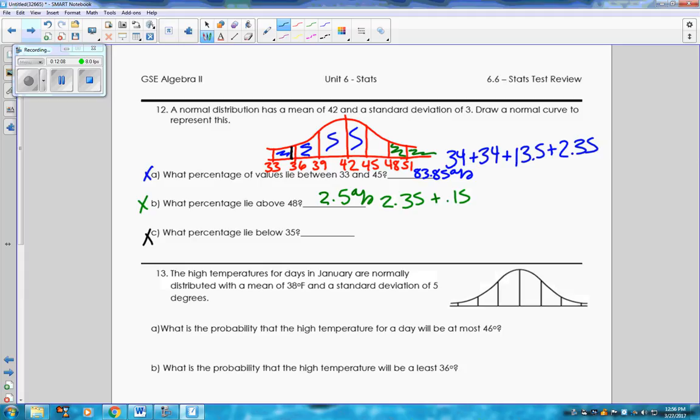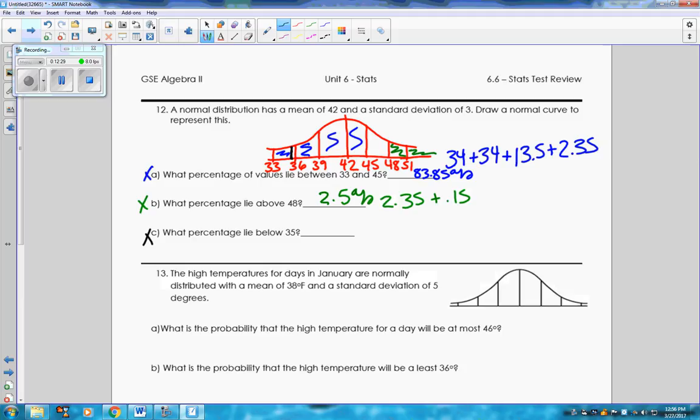Remember, it has to be the normal CDF. Once you get there, you've got to put your lower bound, which for this problem is going to be negative infinity. So it's going to be negative 1e to the 9, because it can be below 35.